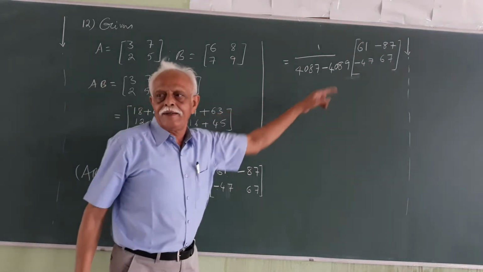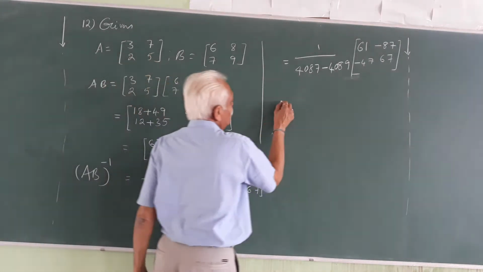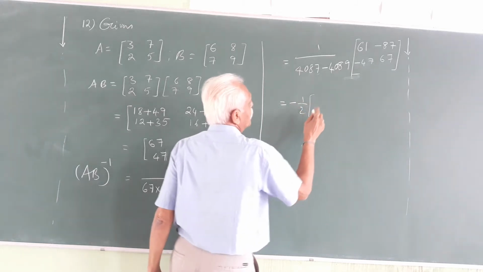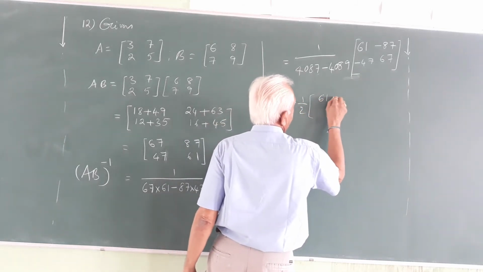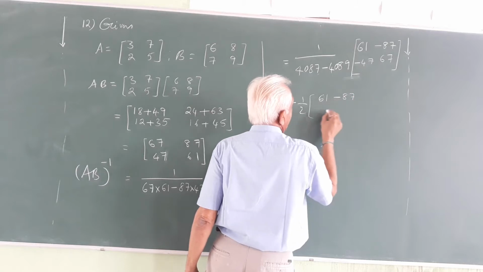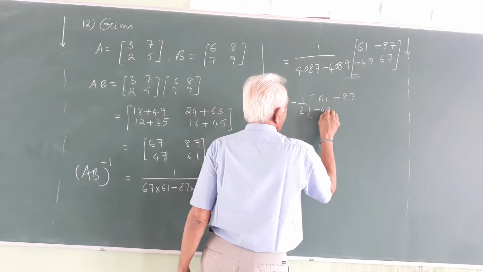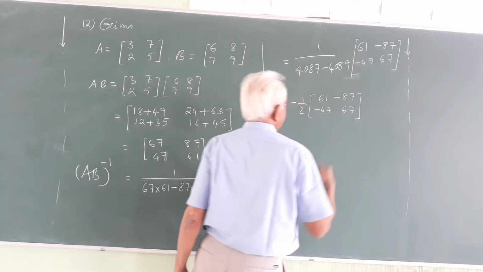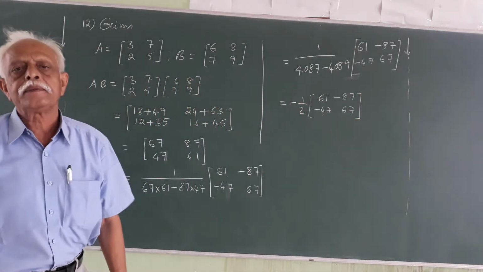This is not correct. It is minus 1 by 2 into [61, minus 87; minus 47, 67]. This is (AB) whole inverse.